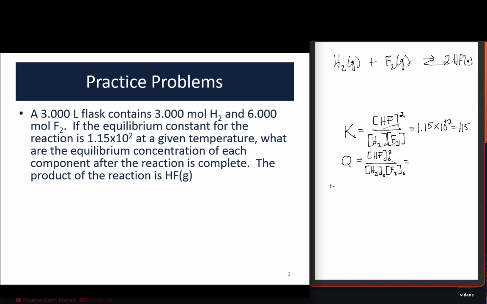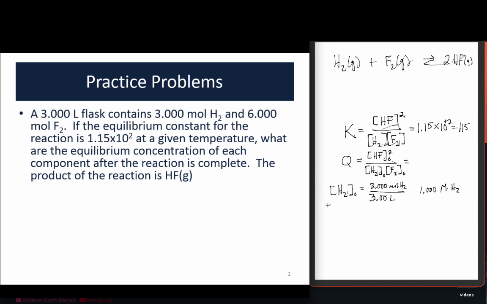Our initial concentration of H2 is going to be equal to 3.00 moles of H2 in 3 liters. And so that gives us a concentration of 1 molar H2.